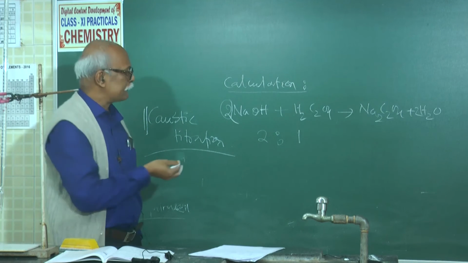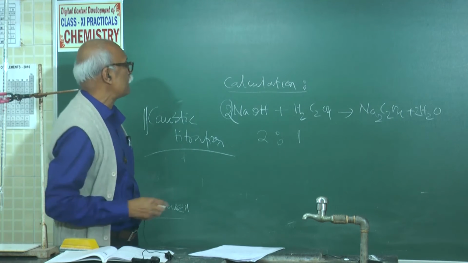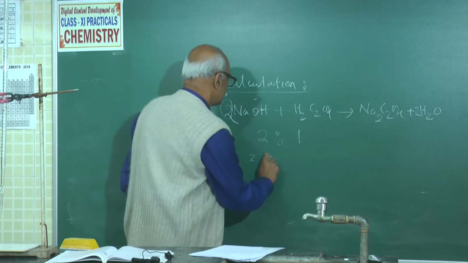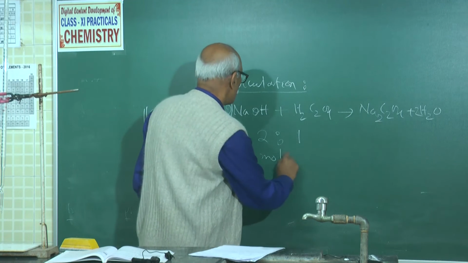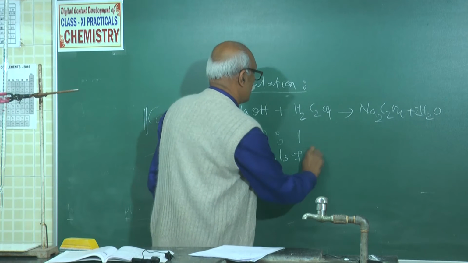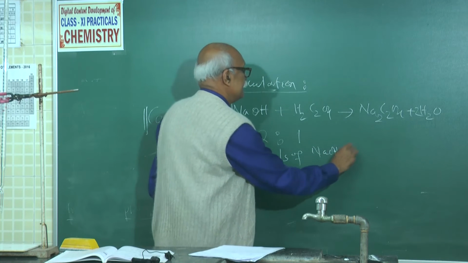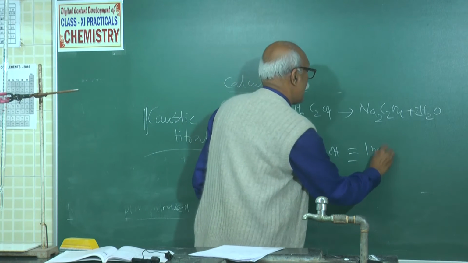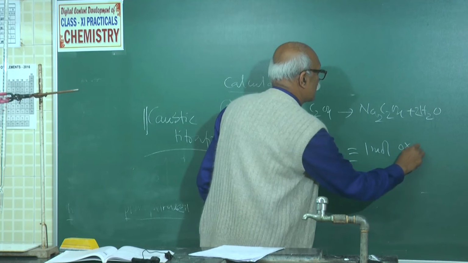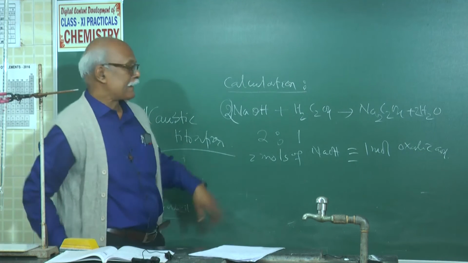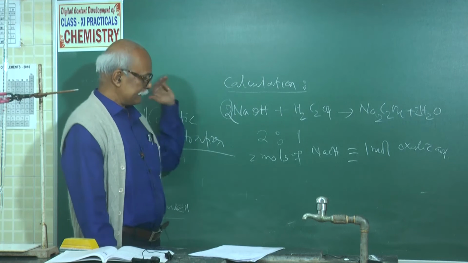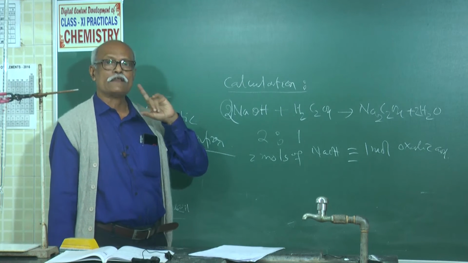But how it comes to the normality, you find out. This balanced equation told us 2 moles of alkali or sodium hydroxide is equivalent to 1 mole of acid or oxalic acid. Molar is not 1:1, but equivalent will always be 1:1.